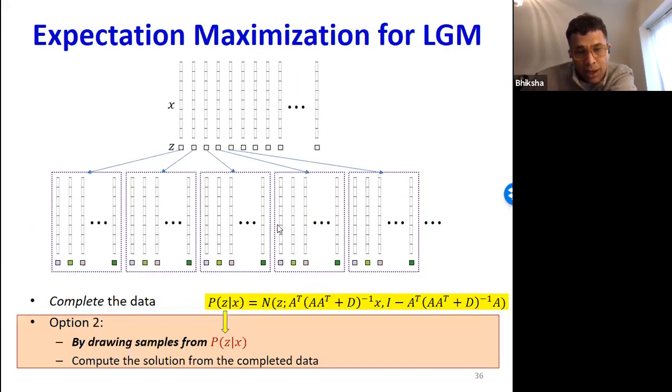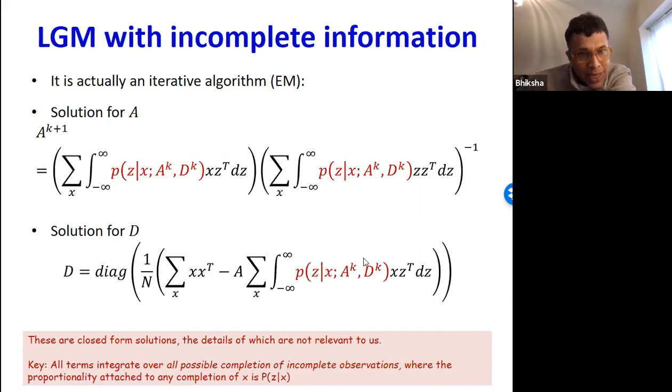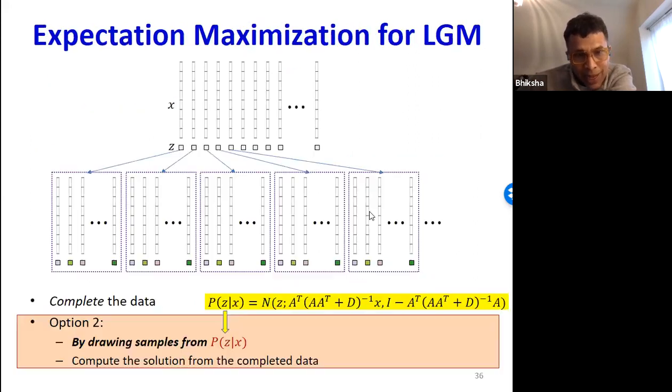But what's of interest to us is the second option in EM. In the second option in EM, we won't go through this business of actually integrating and trying to work out the math. We'll do something much simpler. It's easier and intuitive. We will fill in these missing values by sampling from p of z given x.